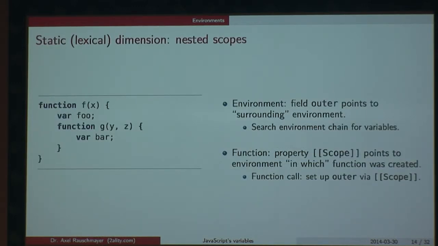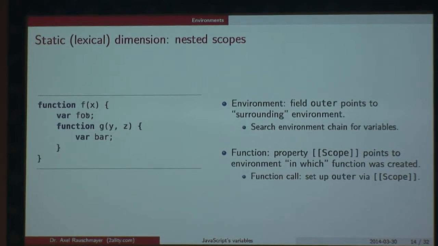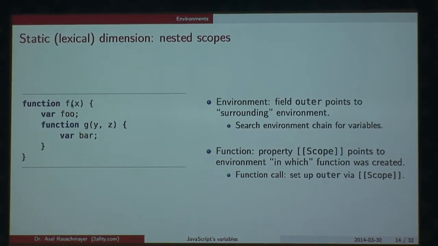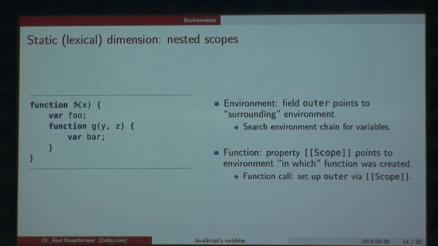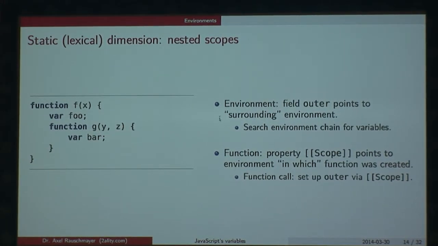Then there's a second dimension, and that's about nesting scopes. This is an example where nesting happens. G is nested inside F, and how that is implemented is that every environment points to its surrounding environment.